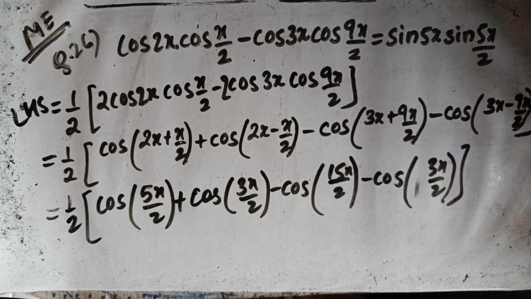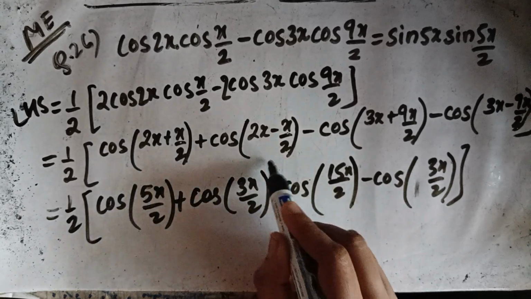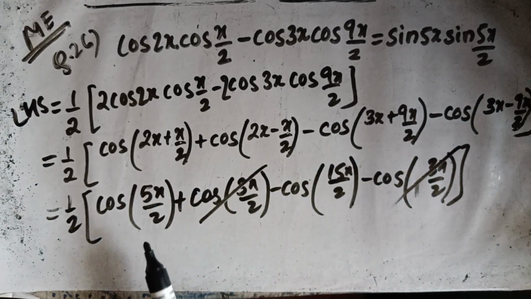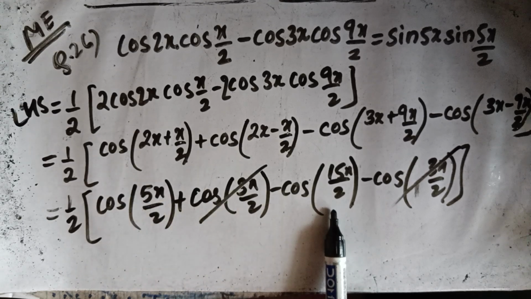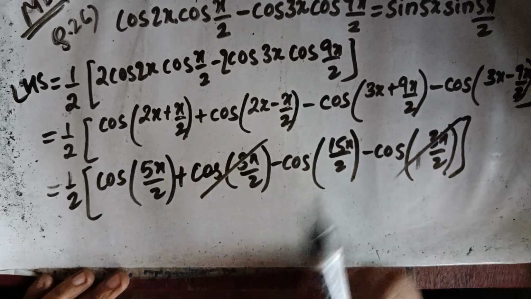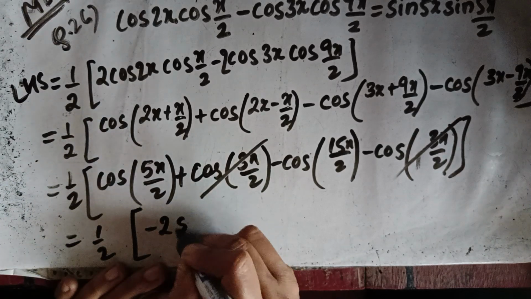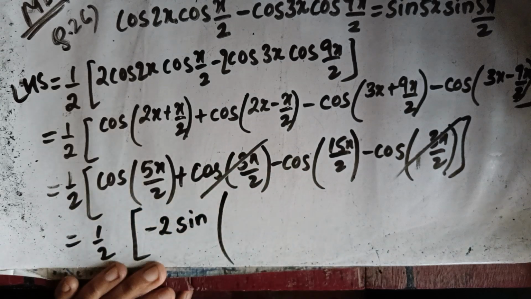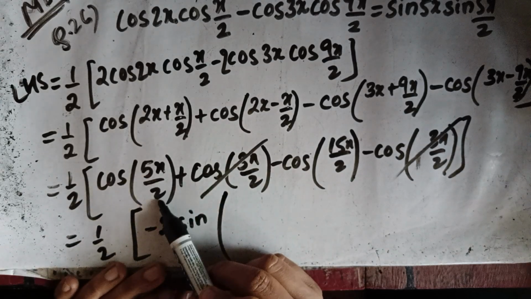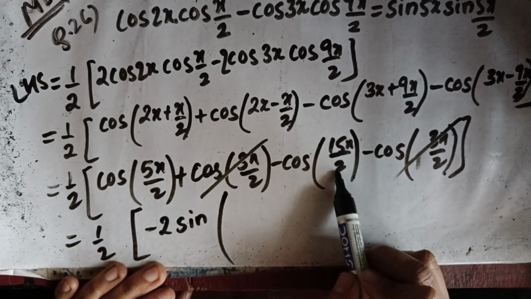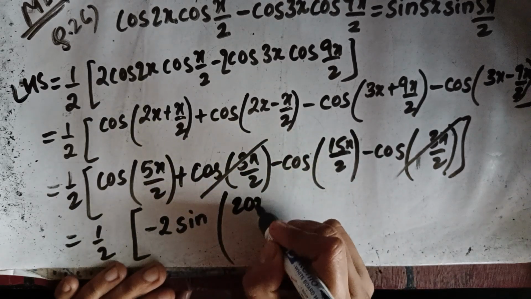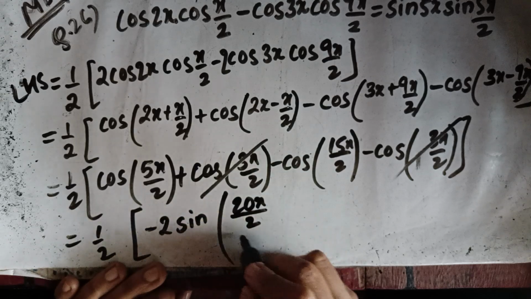Now this is cos 3x by 2 minus cos 3x by 2. You can cancel this, so the half remains. Again here you can use the formula for cos A minus cos B. So this is half into minus 2 sin of (A plus B) by 2, 5x by 2 plus 15x by 2, so this becomes 20x by 2 divided by 2.